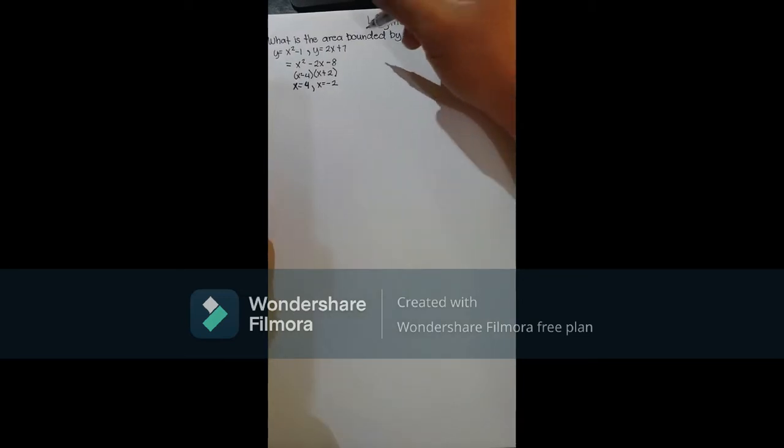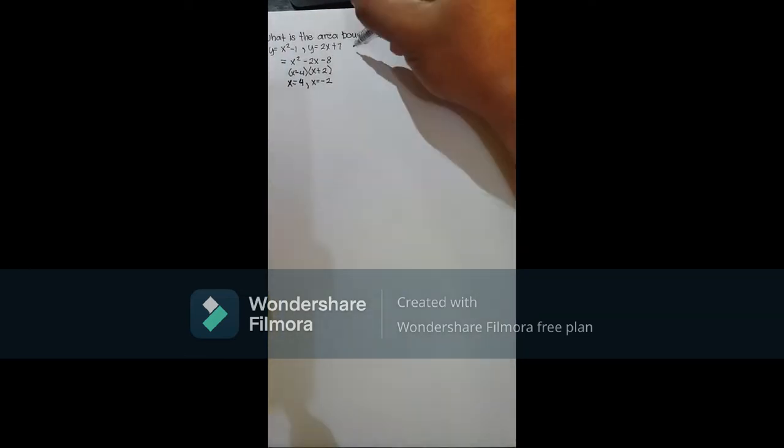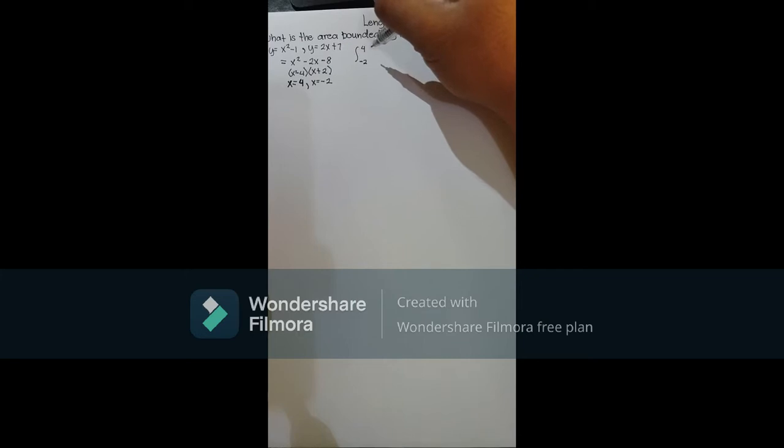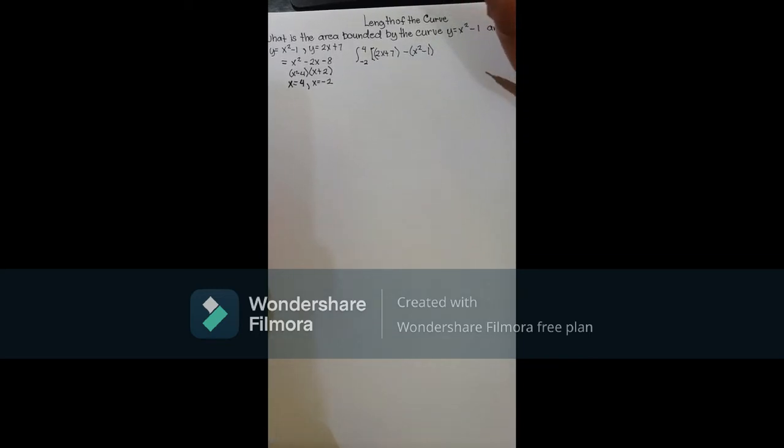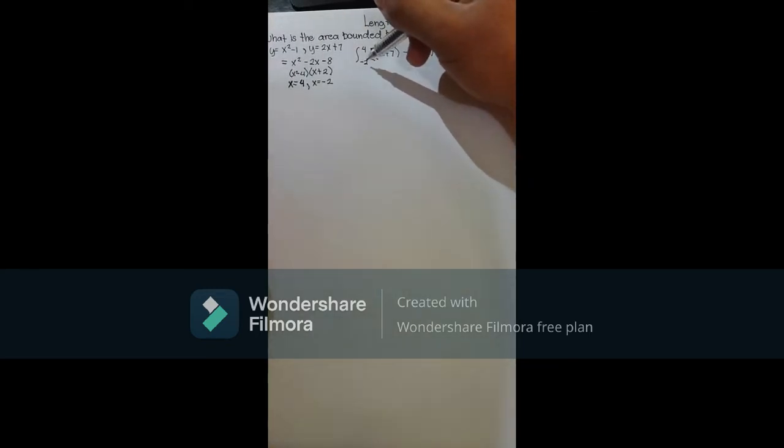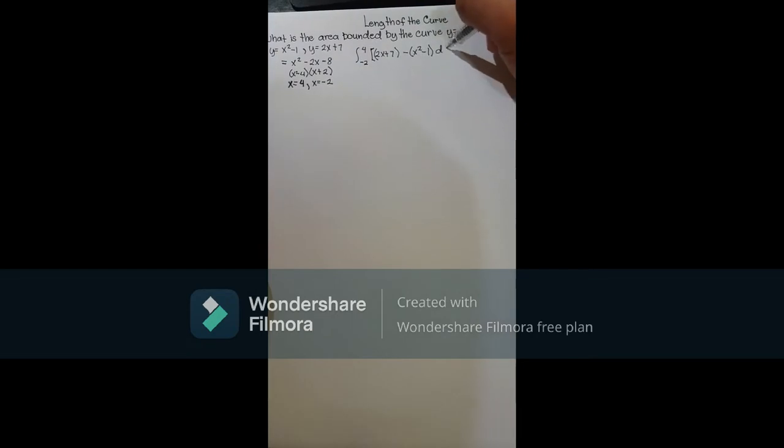Now we're going to calculate and integrate. So the integral from negative 2 to 4 of 2x plus 7 minus x squared minus 1 dx.